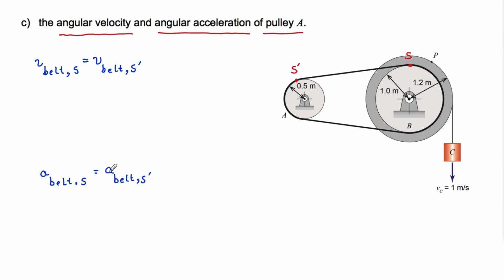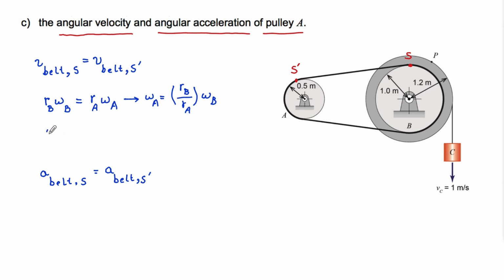So these two equations help us to answer part C, and to find the values we should just substitute, instead of Vs, RB omega B equals RA omega A. From this equation we get for omega A the ratio of RB over RA times omega B that we found before.